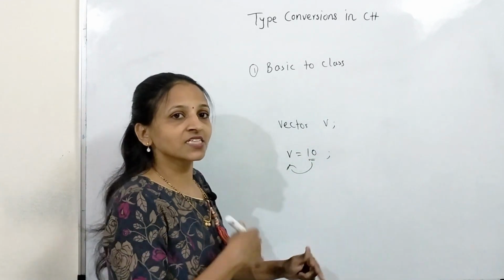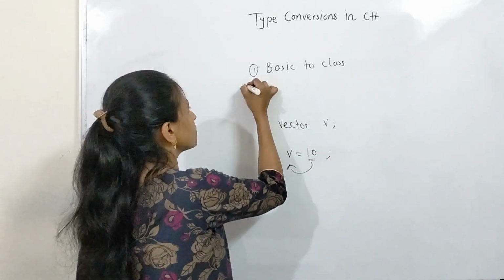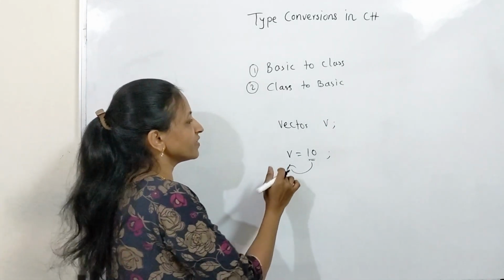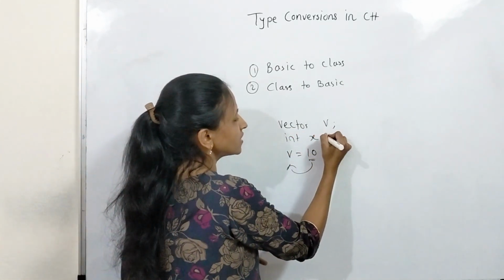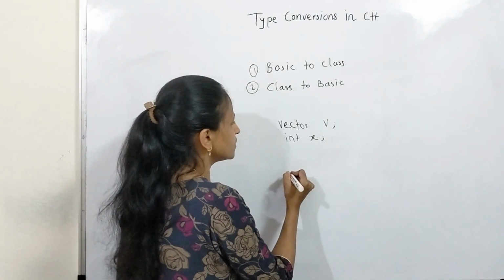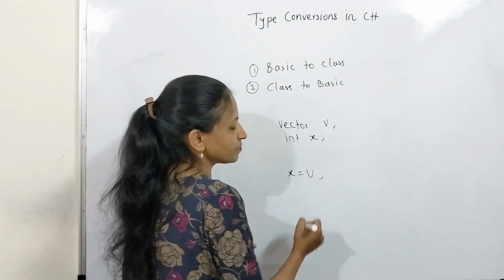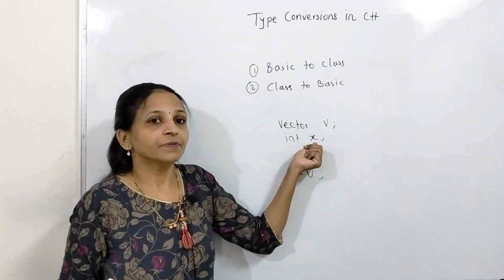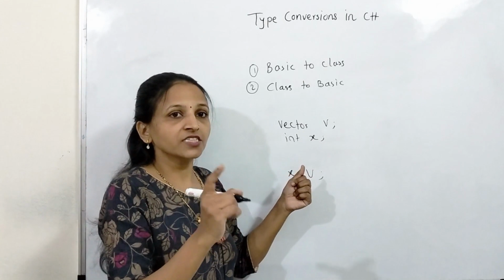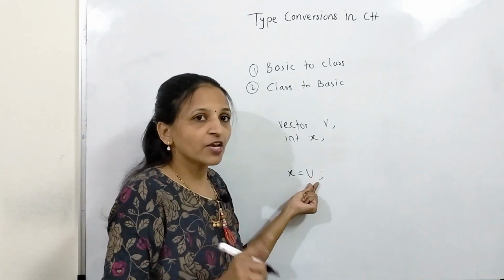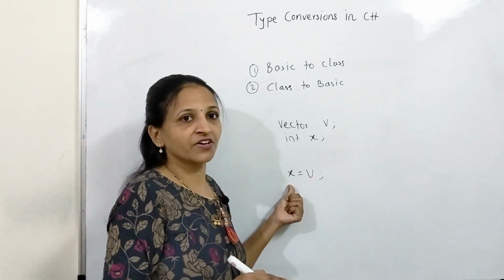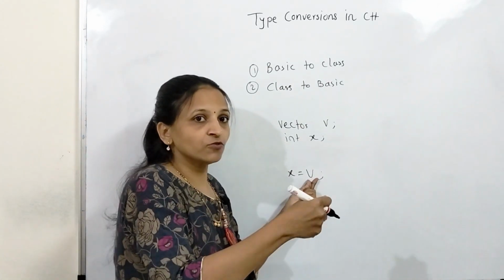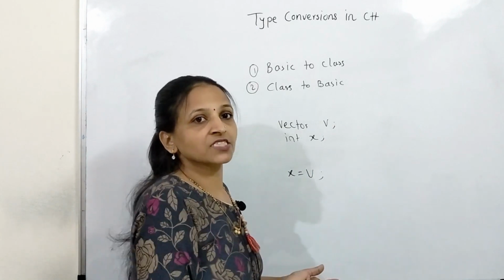Now the second one is class to basic. Here the reverse condition will be there. Suppose we have an integer variable x and we write x = v. Now v is of type vector and x is of type integer. It is always considered that the right hand side value should match the left hand side variable. If not matching, then the right hand side data type will get converted.